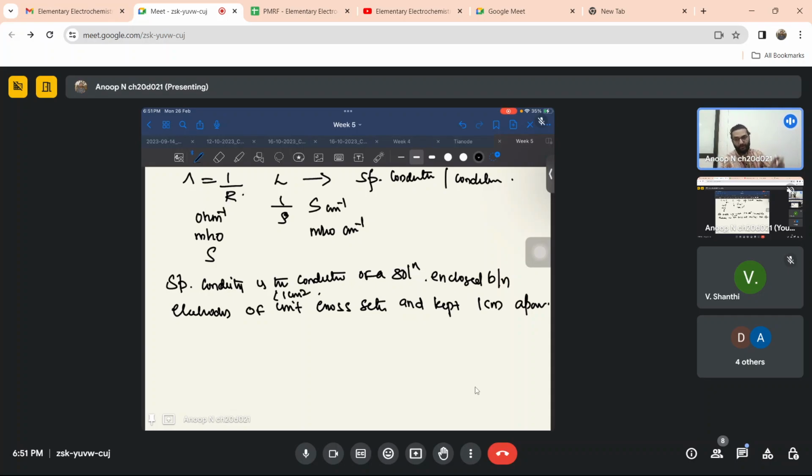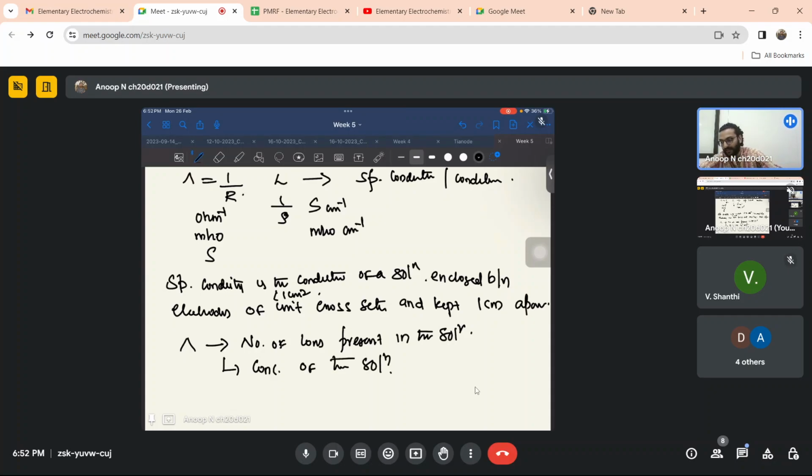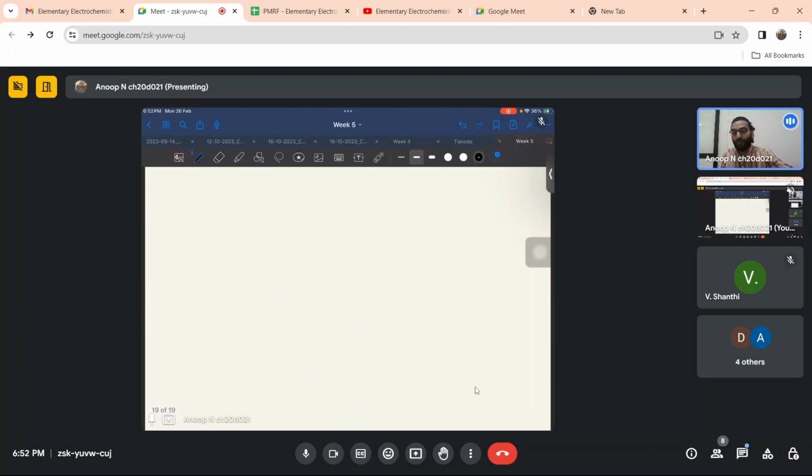Here I want you to note one thing. The conductance is a function of two things. First one is the number of ions present in the solution, as well as the concentration of the solution. I'll ask a question from this. If you want to compare the conductance or specific conductivity of two systems, we have to take into account the concentration.